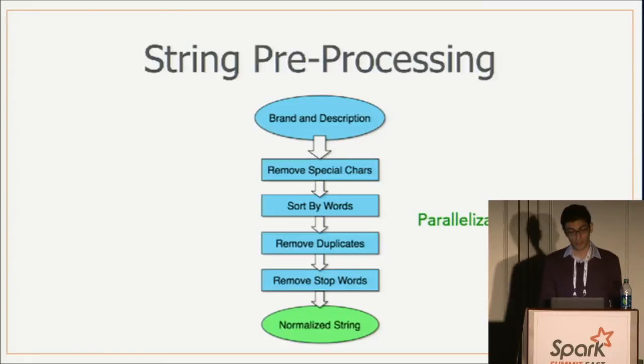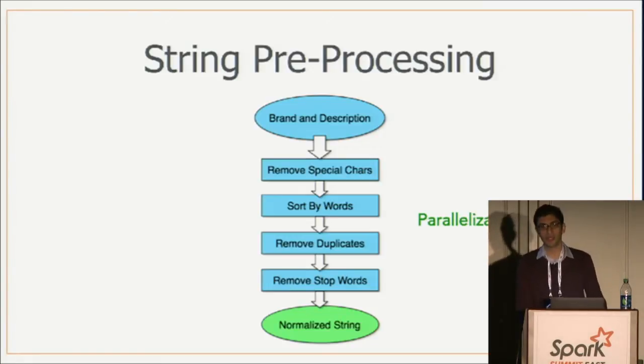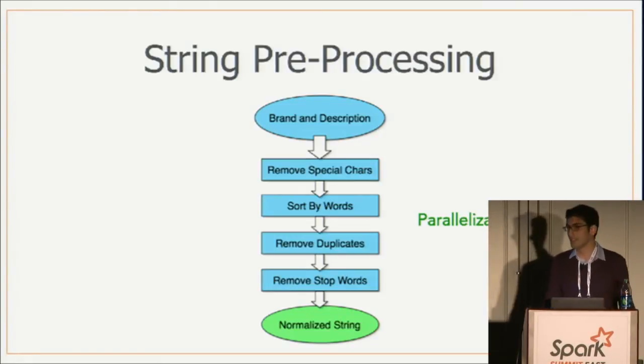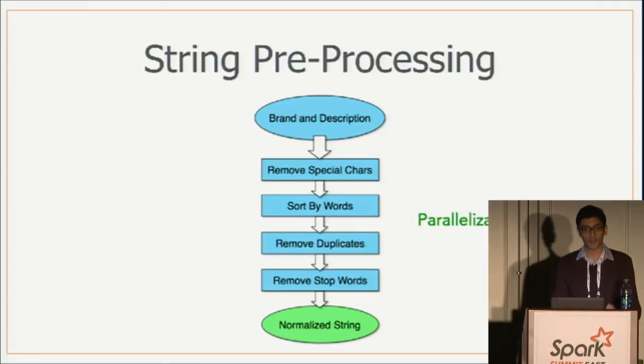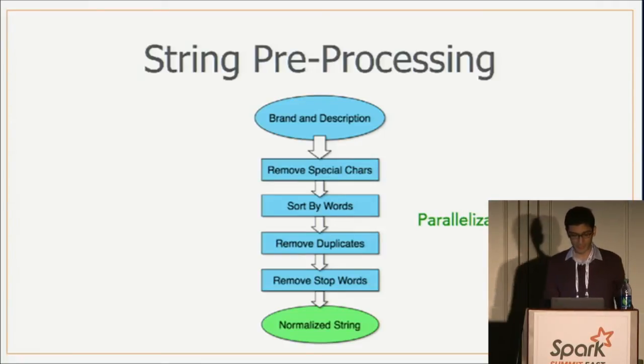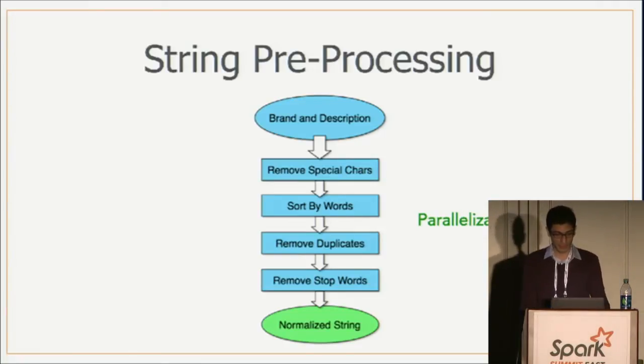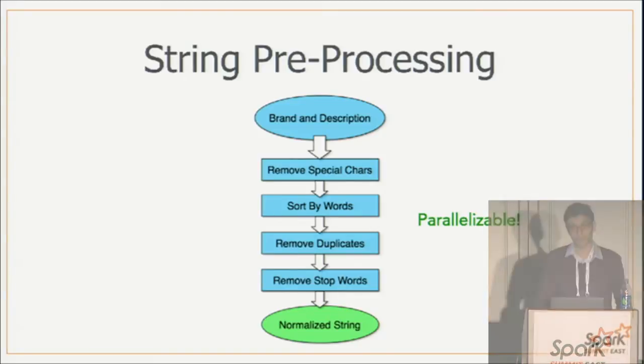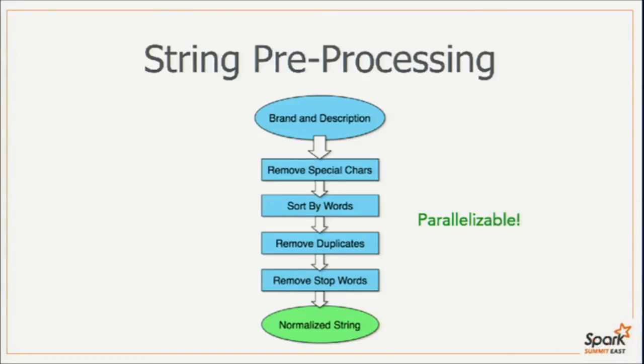But we had to be careful to keep words like "with" and "without" in the brand and description string, because they were really informative for our application. Besides that, we removed the stop words from the brand and description.